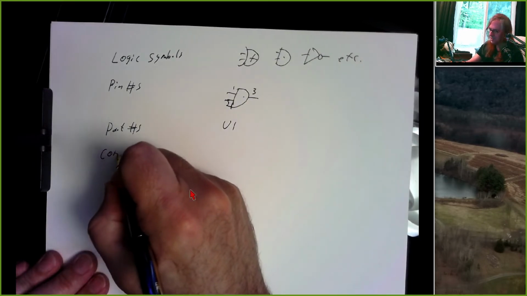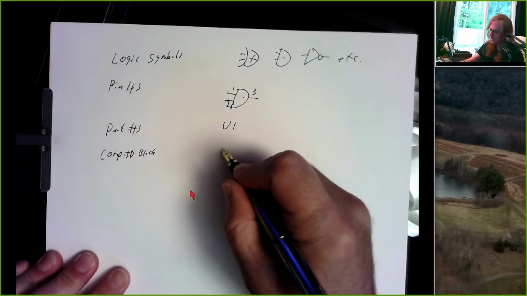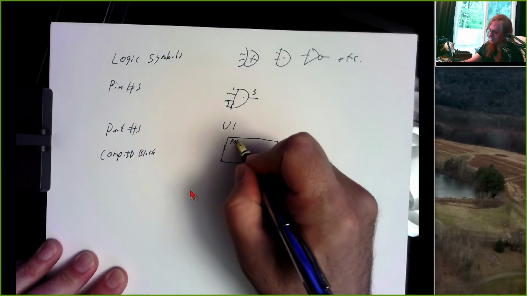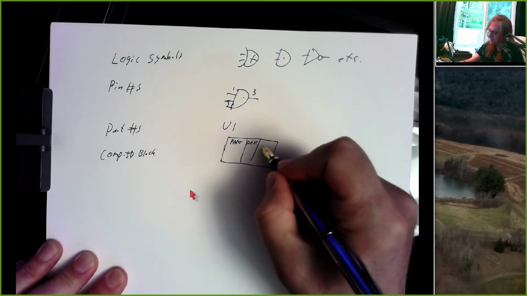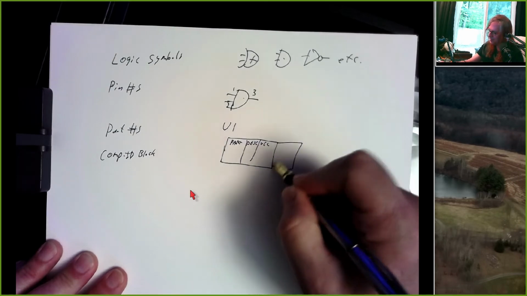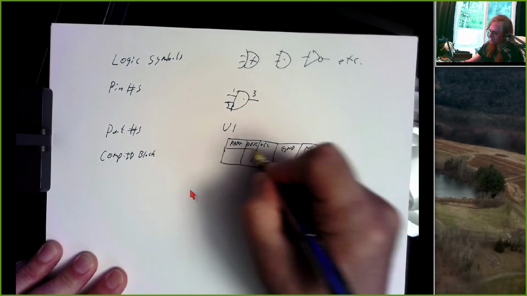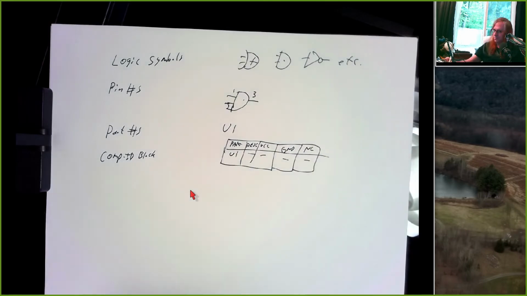Component ID block, which is this thing in the upper right, which is a part description, VCC, ground, no connection, and so on.